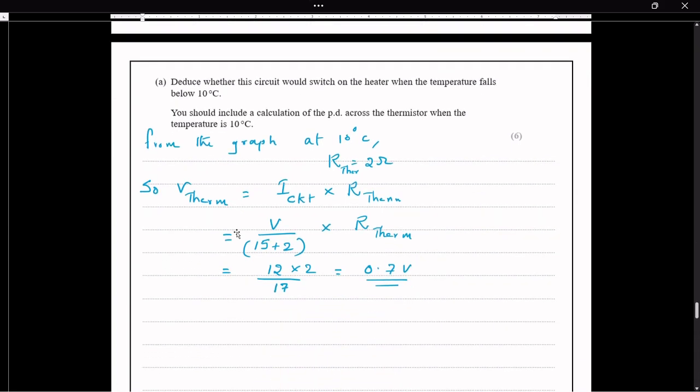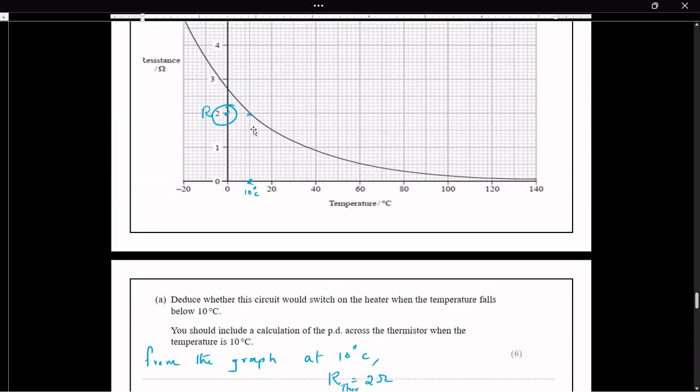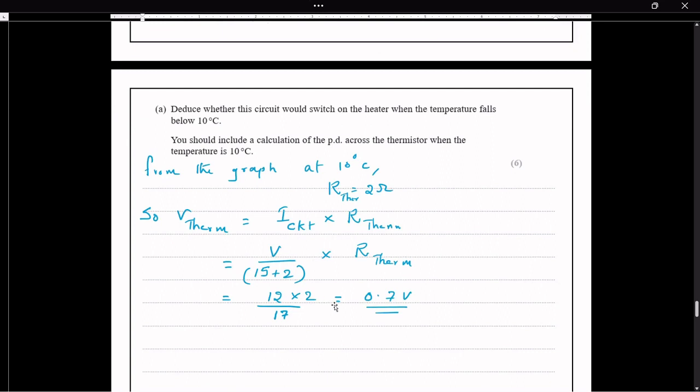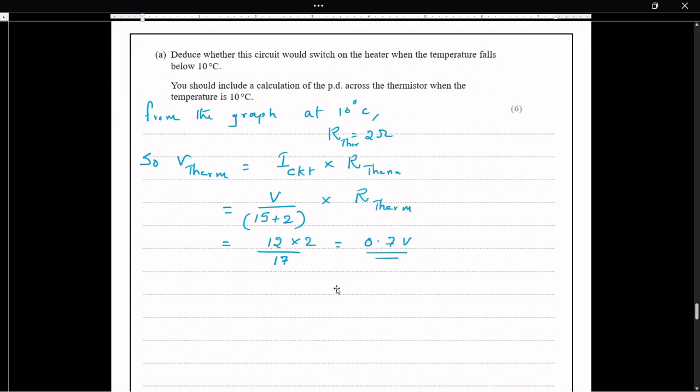So you can see that if the temperature goes below, the resistance is increasing and the PD across the thermistor is increasing.